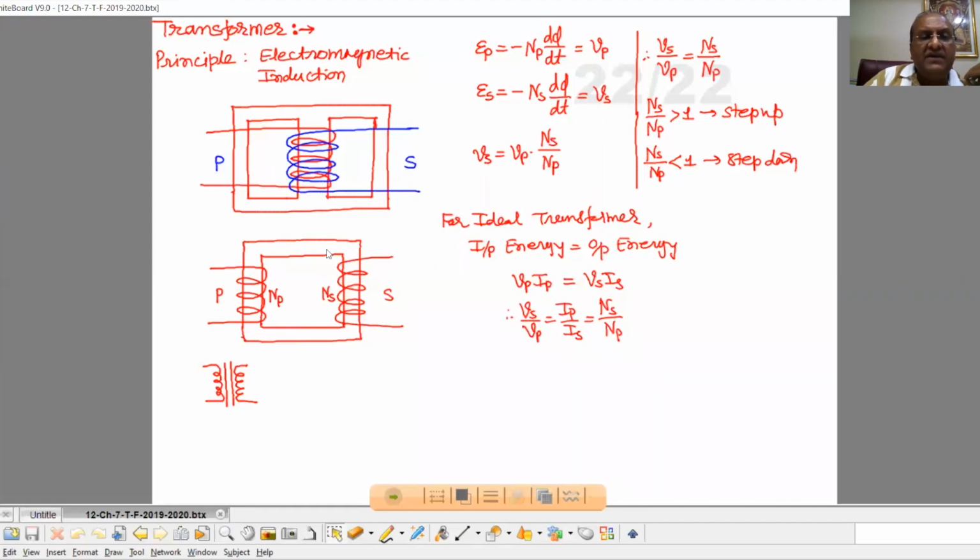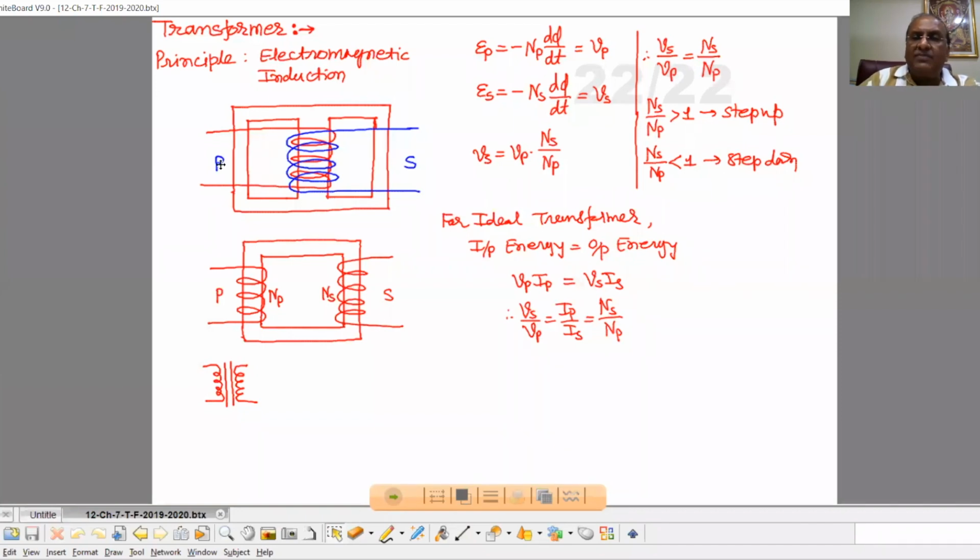Or sometimes this type of rectangular or square iron core is taken. And now on this particular core, two coils are wound in such a way that each and every turn of both the coils is insulated with respect to each other.